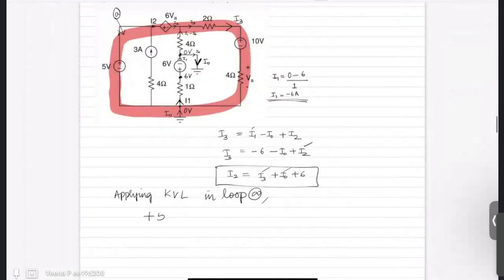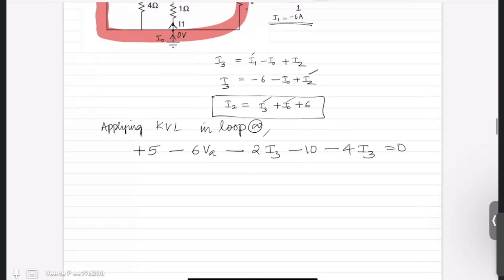So plus 5 minus 6 VA minus 2 I3 minus 10 minus 4 I3 is equal to 0. Is there any doubt in how to write the KVL equation? So this is a KVL equation of the outer loop.